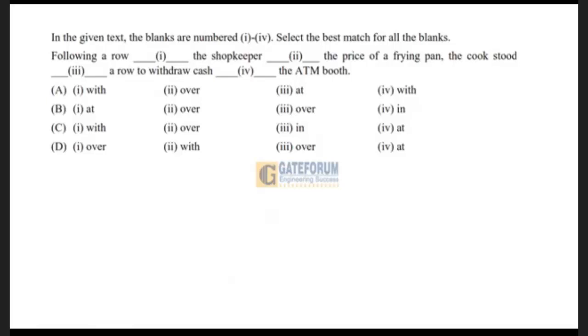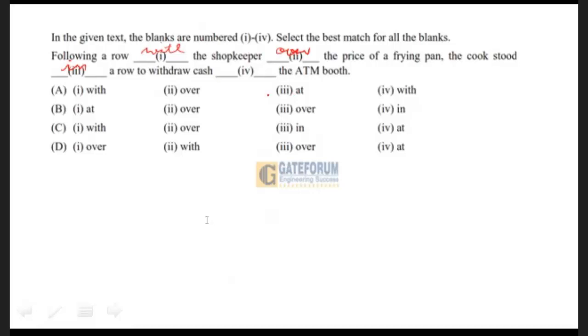Following a row with the shopkeeper, over the price of a frying pan, yes. So this must be with, this must be over the price of a frying pan. The cook stood in a row to withdraw cash from the ATM booth.